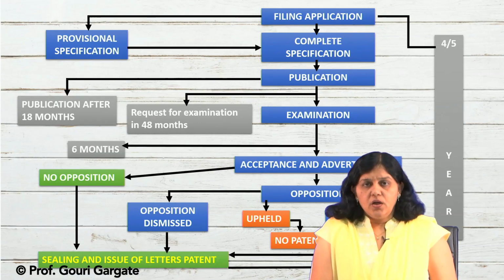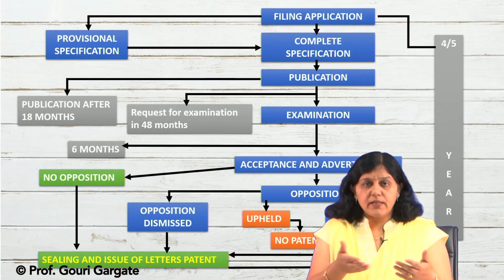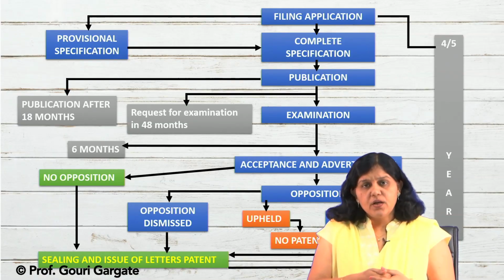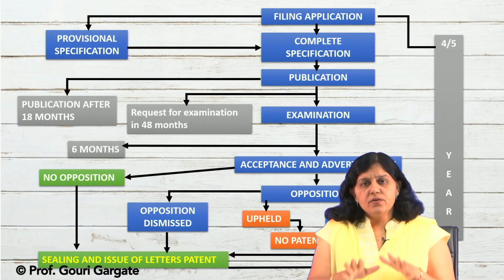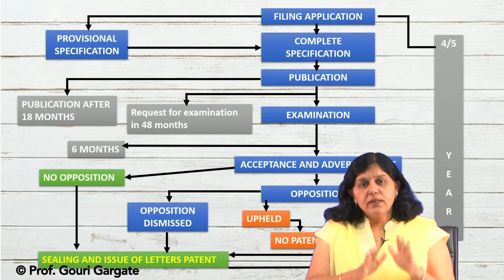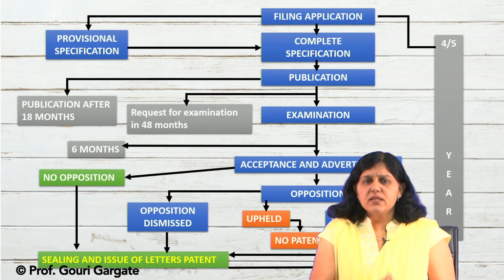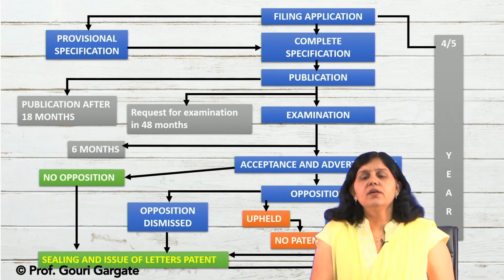Okay. Now, if there is any infringement within the timeline before grant, what will you do? At that time the remedy is that you notify the party who is infringing your patent that this invention is under examination, it is already filed, and if it is granted, you may attract litigation. Such a notice you can give to the party who has infringed.